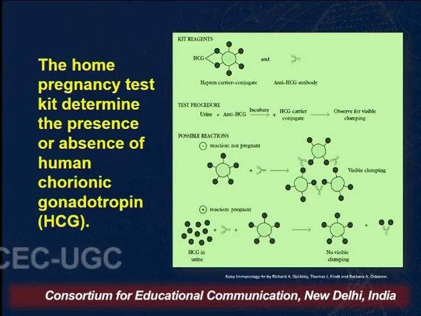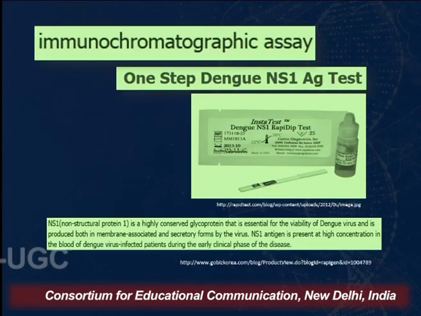So, the anti-HCG antibodies will be free as soon as the second hapten which contains the antigen is added. So, there is a mesh or a precipitation, or the agglutination, which takes place, and the line will be shown.